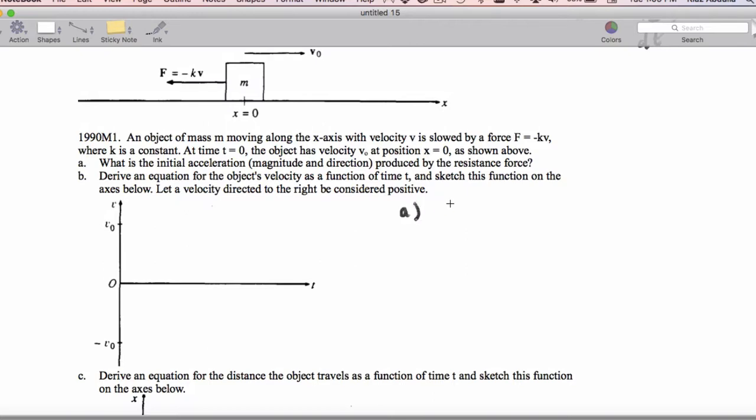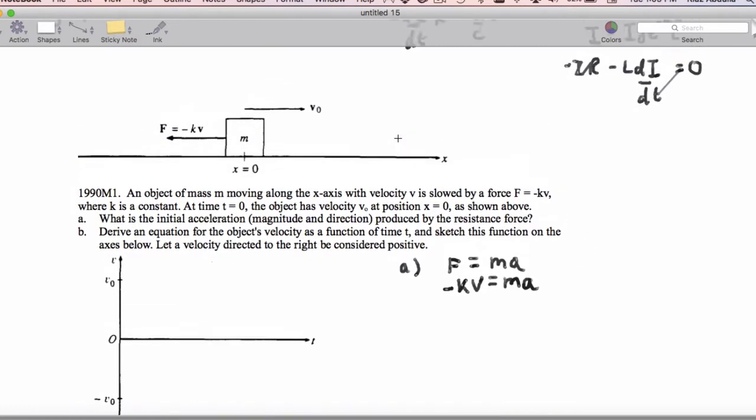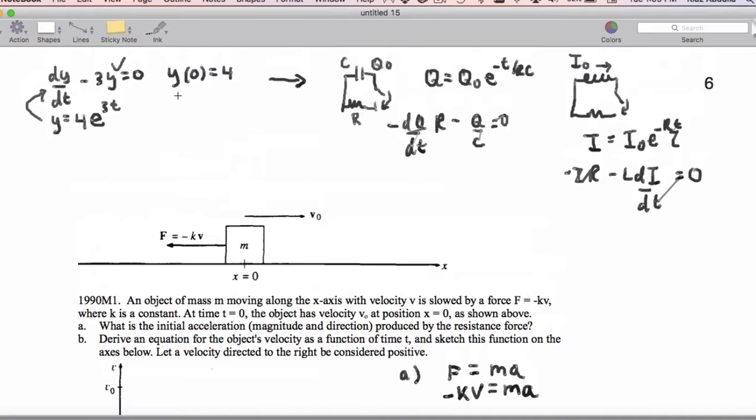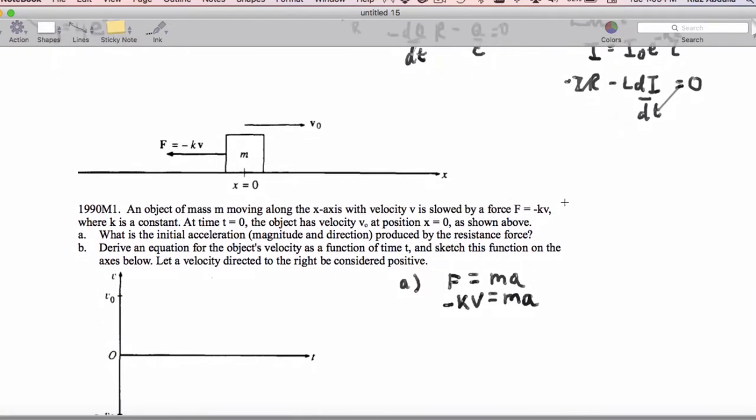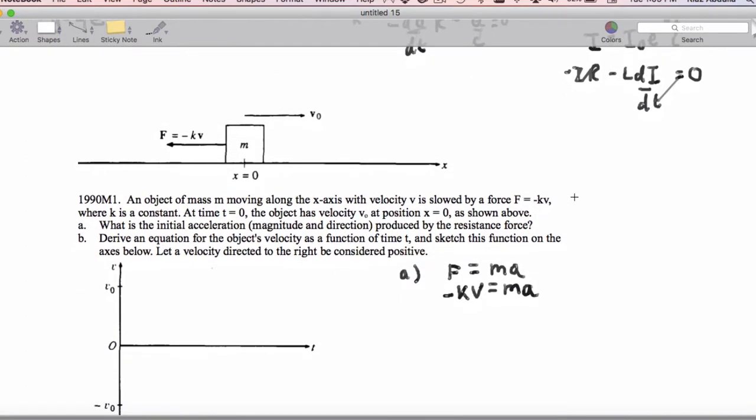Let's set that up using Newton's law. So we can say F equals ma, and we can say negative kv equals ma. And the initial condition, because if you remember with our differential equations, we always have some kind of initial condition. To be clear, the variable that we're going to be solving for using separation of variables is the variable v.